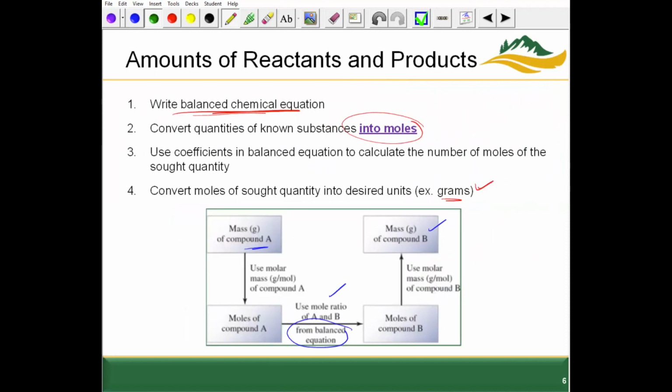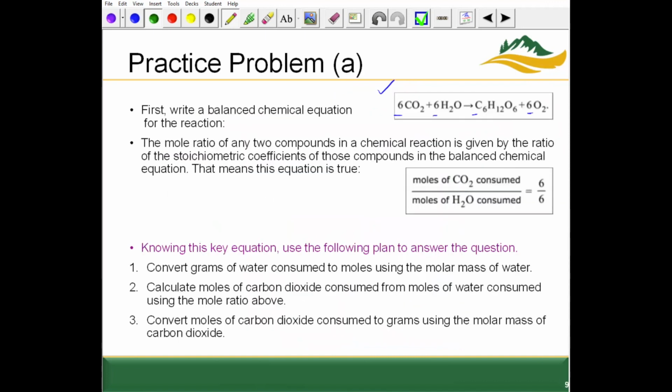So we have our balanced chemical equation. We need to convert quantities into moles. We do have this coefficient for the amount of water and carbon dioxide. So we have these coefficients here from the balanced chemical equation. Now we can work in moles and then eventually get into grams. So we determined this as well. The moles of CO2 consumed, 6 for every 6 moles of H2O consumed.